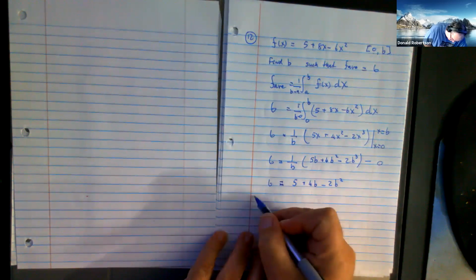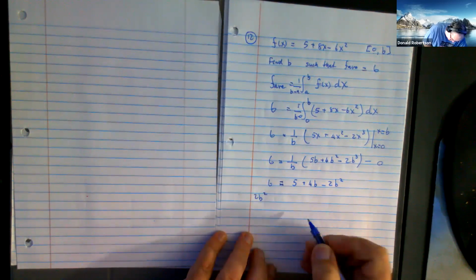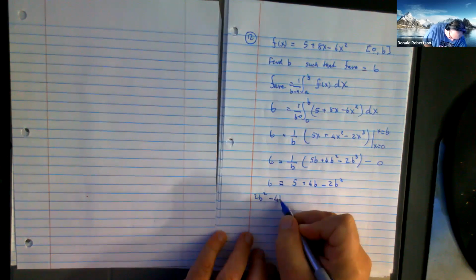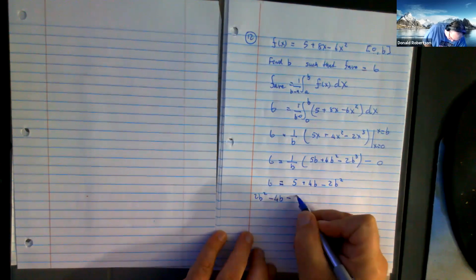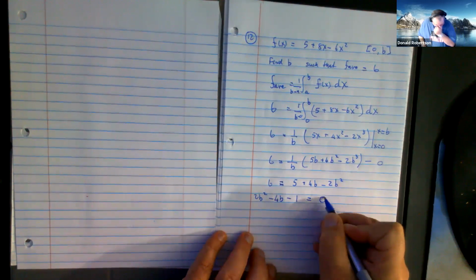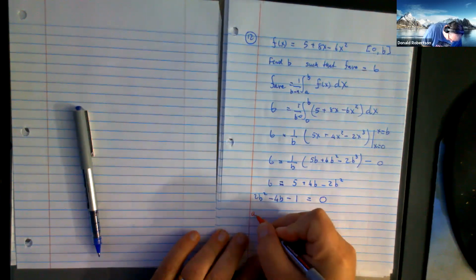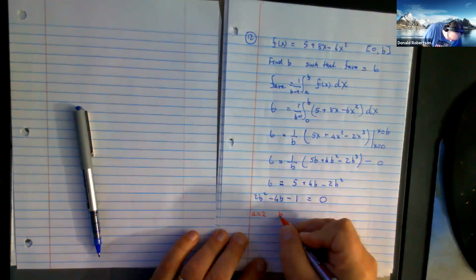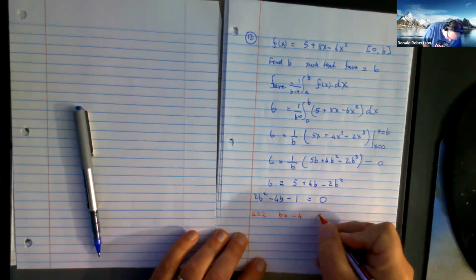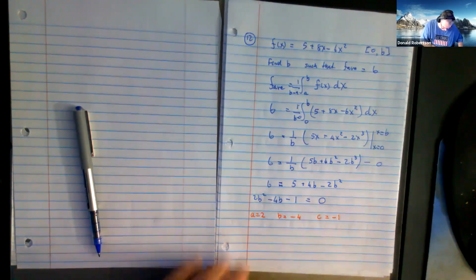I'm going to do a little bit of cosmetics to it. I'm going to add 2b squared to both sides, subtract 4b from both sides, and subtract 5 from both sides. So I've now turned it into that quadratic. Does it look a little bit more like a quadratic equation should look now? And just to remind you, because it's been a while, a is 2, b is -4, and c is -1.